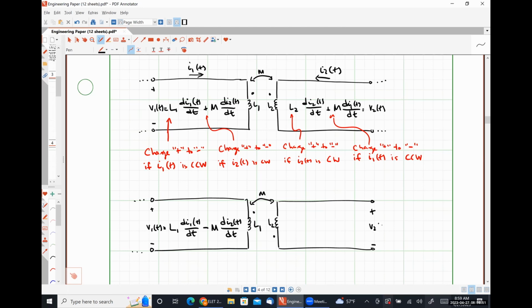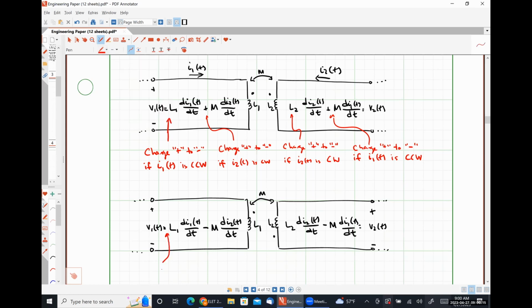And essentially the same thing over here. L2 di2 by dt minus M times di1 by dt.